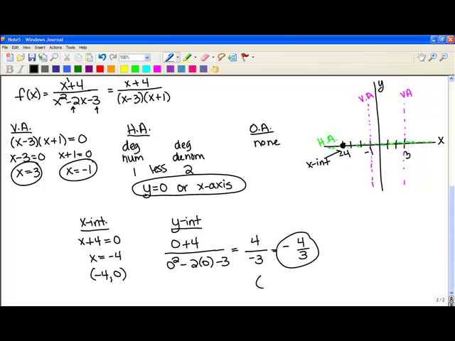And the point is 0, -4/3. Go ahead and label the y-intercept on the graph. The decimal equivalent of -4/3 is -1.3 repeating, and that will be right about here on the y-axis.